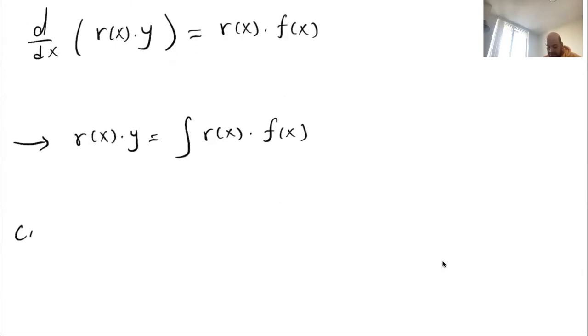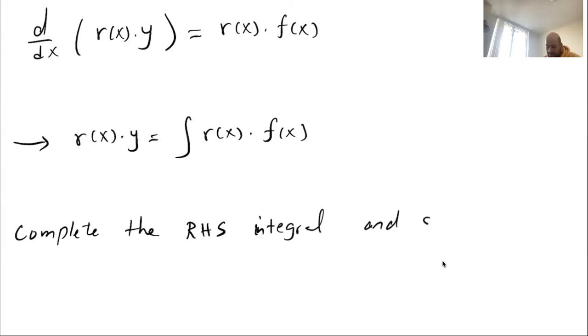Then complete the integral on the right-hand side, and solve for y. These are the steps you can follow in order to solve a linear first order ODE. Now let's look at an example.